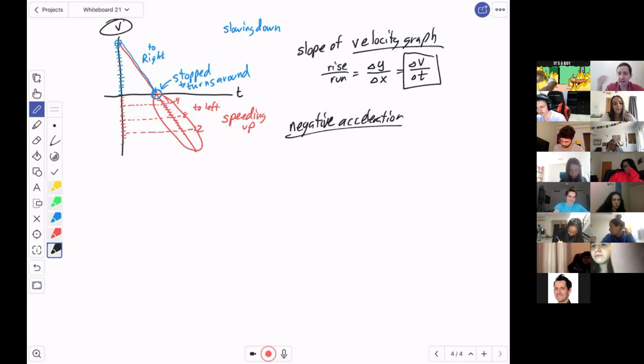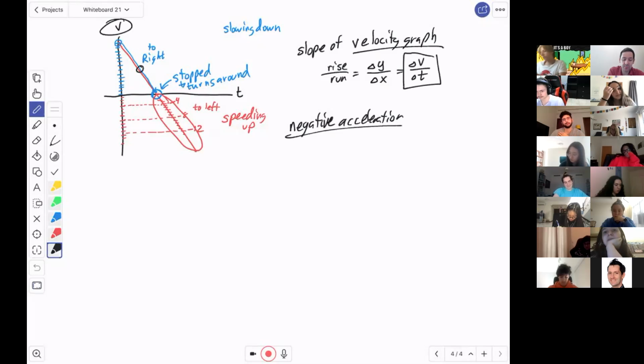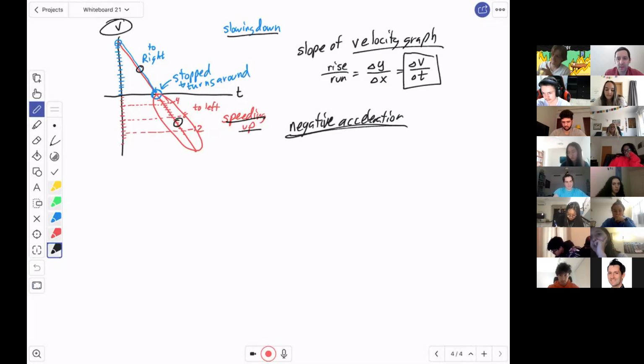When the velocity is positive, negative acceleration means slowing down. When the velocity is negative, negative acceleration means speeding up. If the acceleration is in the same direction as the velocity, it's speeding up. And that connects with everything that we've done.